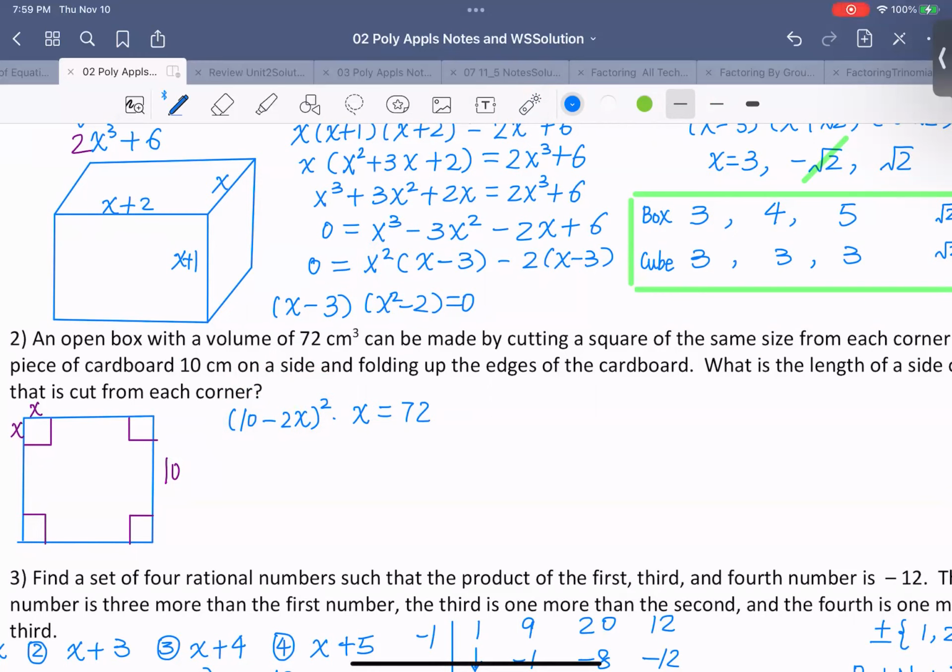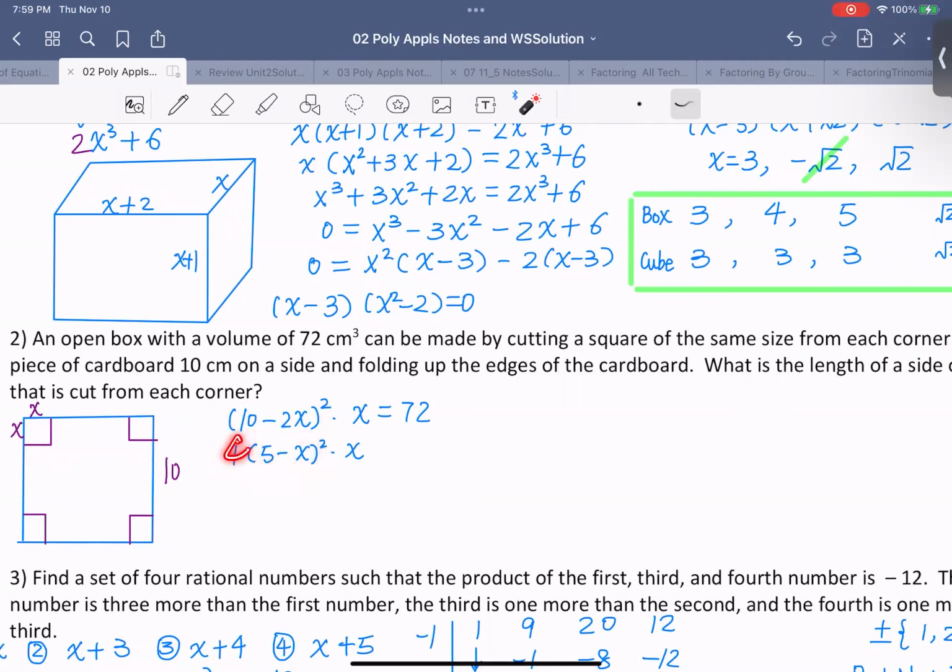So you look, if we can simplify, we of course want to simplify. 10 is even, 2 is even, so we will take a 4 out, right? That makes sense? Look, this is 2 times (5 minus x), that is 10 minus 2x.